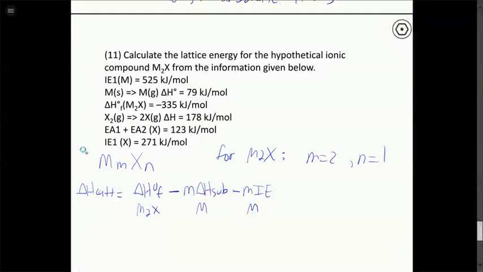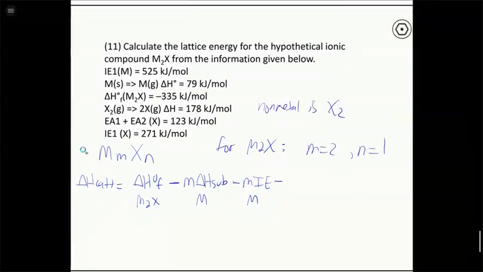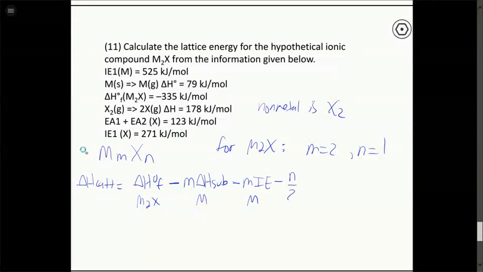And then finally we have 2 terms for the nonmetal. So if the nonmetal exists as X2, if the nonmetal is diatomic, which is the case for most compounds except for sulfides where it's S8, we're going to use N over 2 times the delta H of dissociation. That's the energy to break the bond of X2.